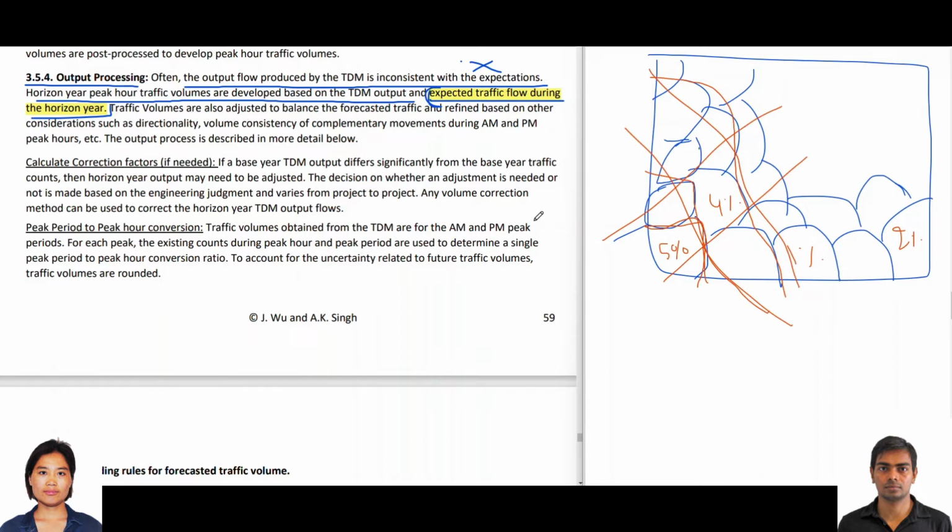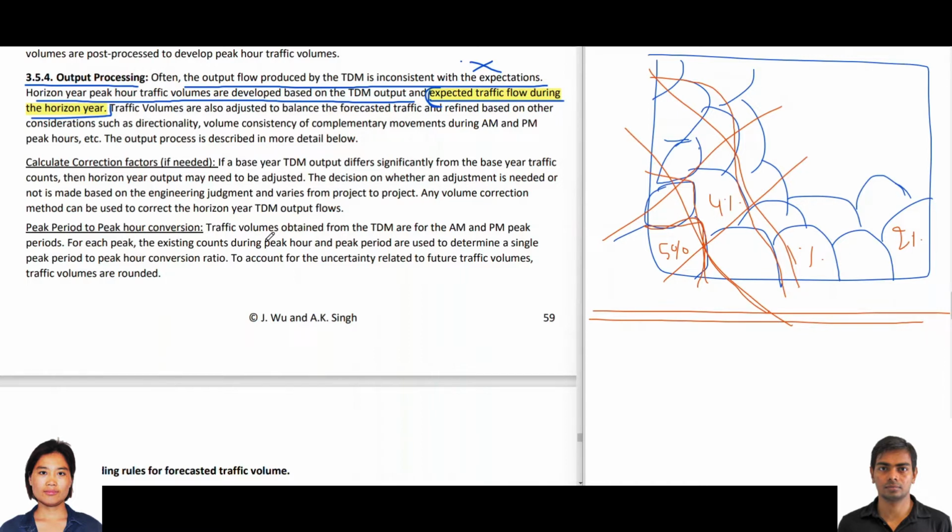So this helps me towards the end of the project when we get the future link output, and some of them make sense and some of them do not. That mental picture helps me use my engineering judgment to adjust some of the traffic volumes through intuition, and also gives me a cross check.